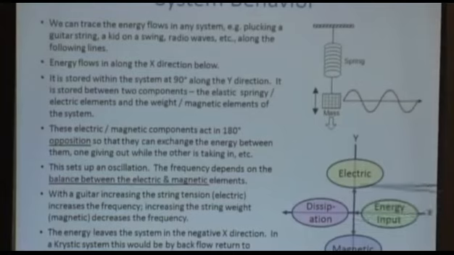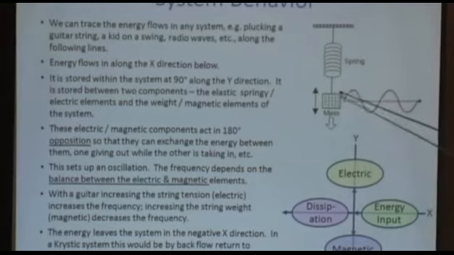Within the system, the energy is stored between two elements. If we take a simple system like a weight on a spring, every system has an element of springiness, which is electrical in nature, and an element of weight or mass, which is magnetic in nature.